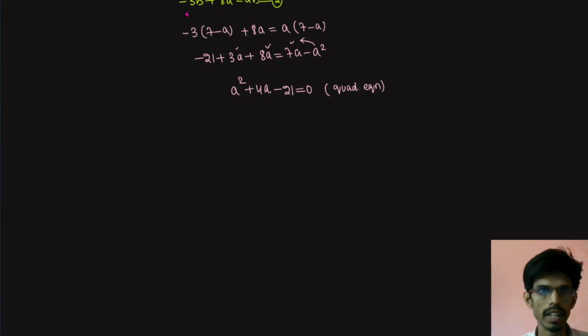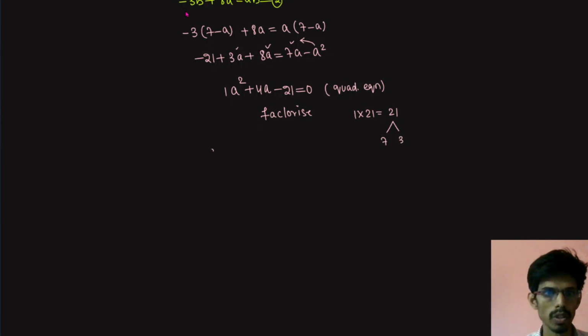Now let us factorize this. Factorize the given equation. Here the coefficient of a square is 1. So 1 into 21 will be 21. The factors of 21 will be 7 and 3. Right, 7 minus 3 I will get 4. Okay, so now this 4a can be split as 7a minus 3a, minus 21 equal to 0.